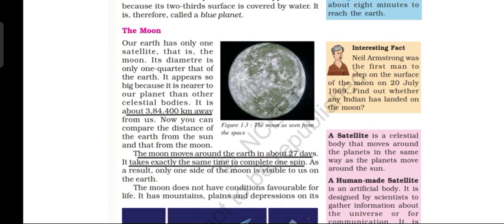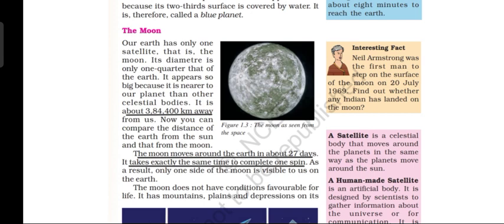So the moon appears big because it is closer to our planet. And children, the exact distance of moon from the earth is 3,84,400 kilometers.